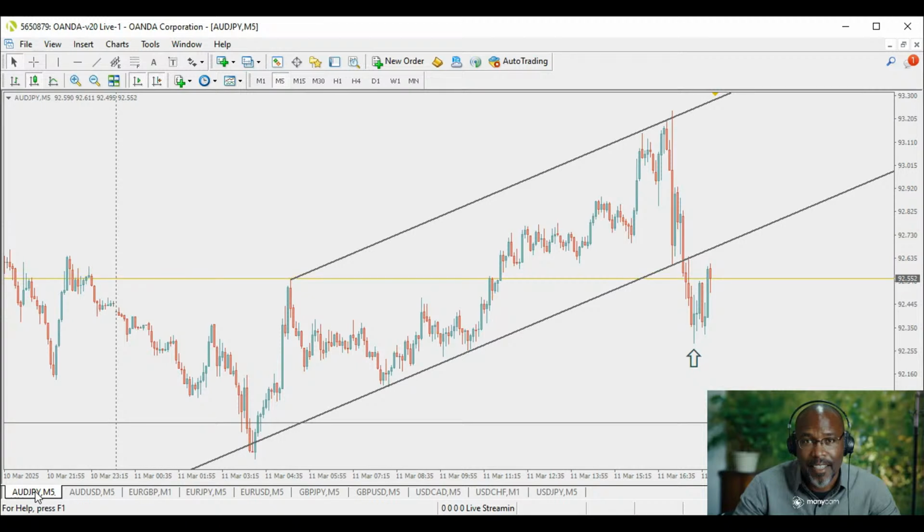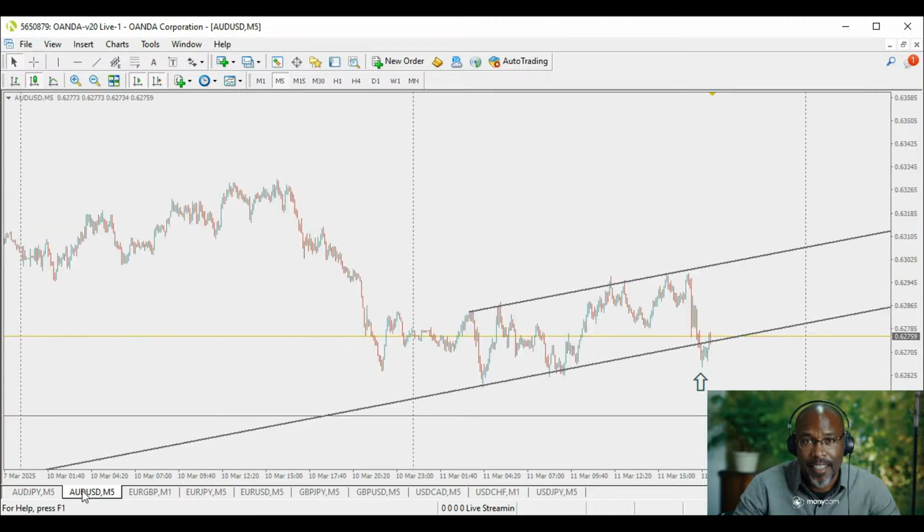If I decide to trade the Aussie dollar Japanese yen or the Aussie dollar US dollar as binary option plays, I will probably use an expiry of 1 hour at least because price is barely moving.